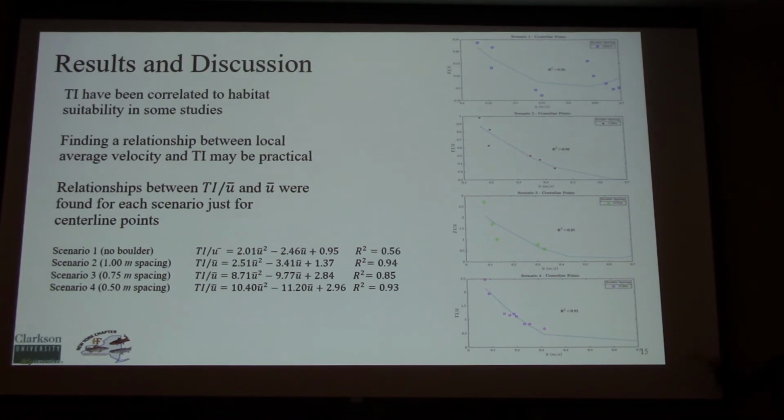We did it for each scenario, and we found very good relationships with high R-squared values, especially for the scenarios with boulders. We could establish a relationship between turbulence intensity and local average velocity, as you can see in these figures. And it was just for center line points, actually between boulders, because we didn't see a very good trend for sides.